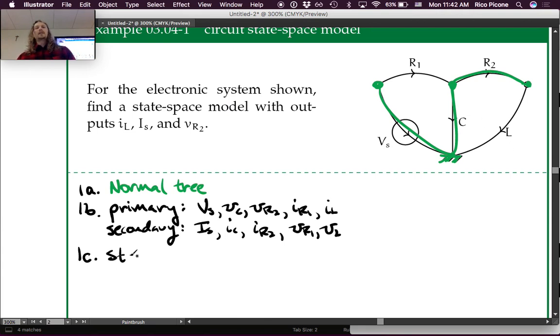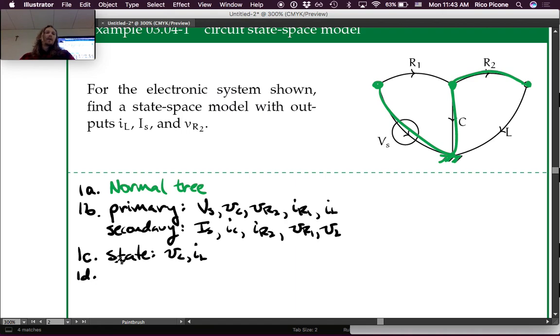So the state variables are VC, across variable on A-type branches, and the current through the inductor, the through variable for T-type links. Notice how we're building on these definitions, like through variables, links, branches. We're slowly making our way up.